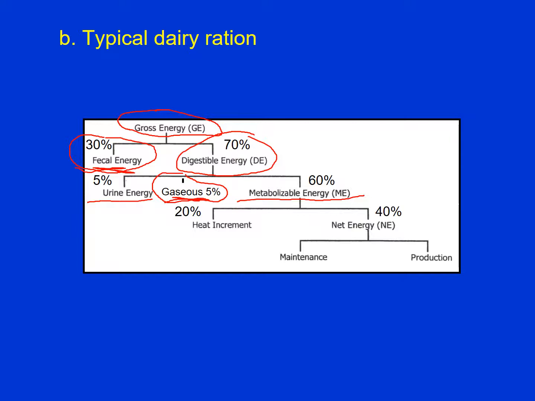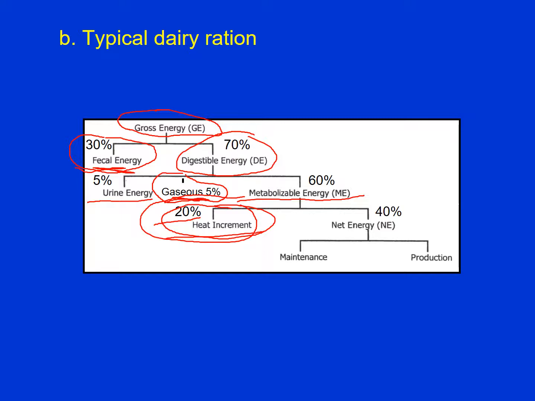As they're metabolizing this energy, an animal's body produces heat, and that accounts for about 20%. In the wintertime under cold weather, it's nice to have that heat. When it's summertime and it's 95 degrees out, that heat is not so good. But there is heat created in metabolizing that energy.